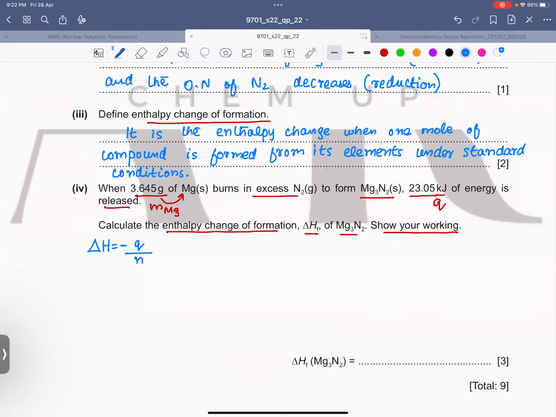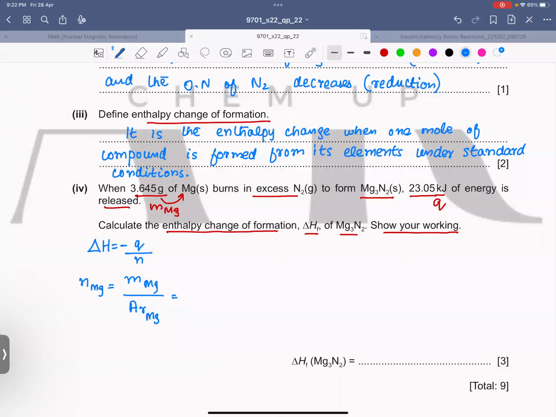And for the number of moles, we are provided with the mass of magnesium. So what we do, we divide the mass of magnesium by the AR of magnesium.